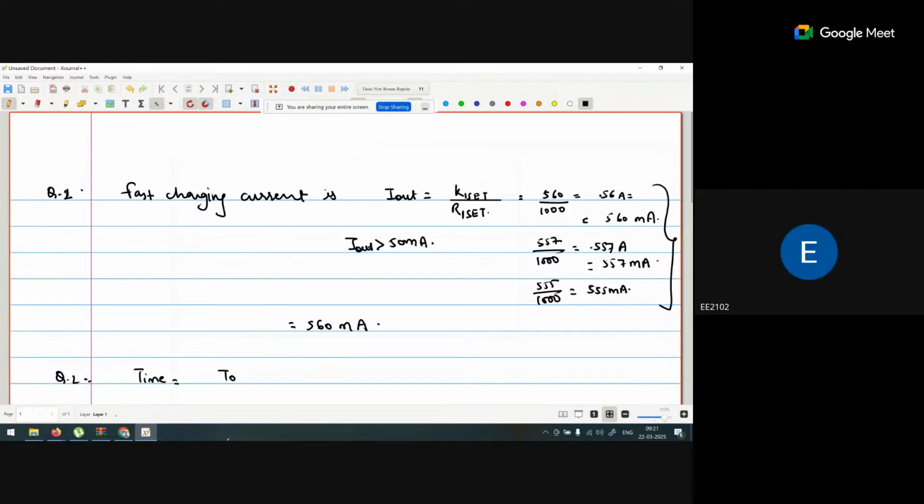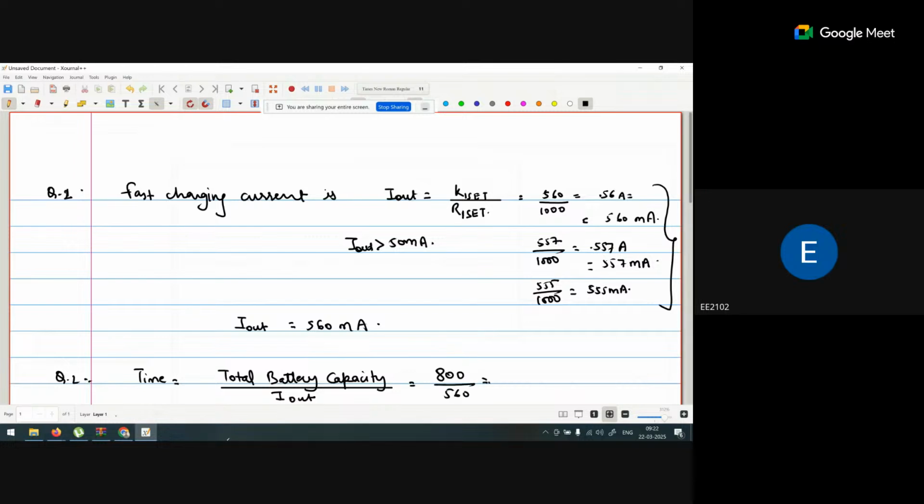So, time is total battery capacity divided by I. So it is 800 divided by 560.